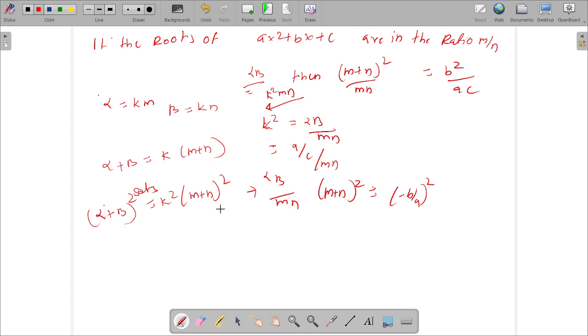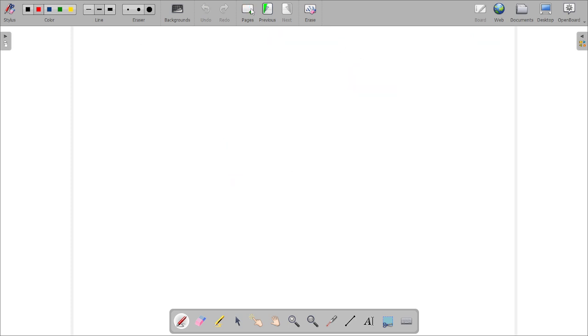Okay, now if you simplify these things, we get the result: m plus n whole square by mn equals b square by ac. Okay, now in this way you can write a number of things, or this is one method, and one more method you can do for the same question. For example, alpha by beta equals alpha by beta.